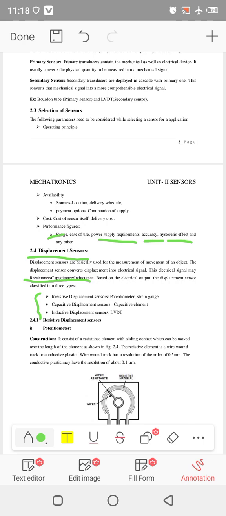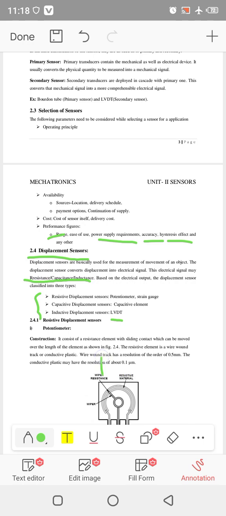Inductive displacement sensors include the LVDT, or linear variable differential transformer. We will see details about these potentiometers, strain gauges, capacitive elements, and inductive displacement sensors. Let us see one by one. Let's start with resistive displacement sensors.